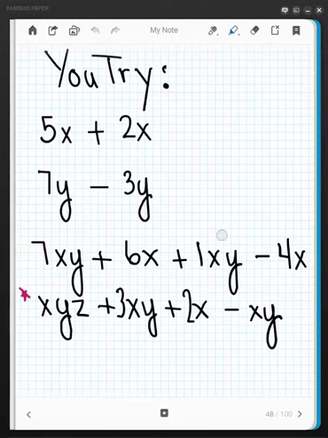So now I want you to try just with algebraic expressions here. I want you to try this first one here with 5x plus 2x, this second one here with 7y minus 3y, this third one here with the very complicated 7xy plus 6x plus 1xy minus 4x, and then I got really complicated on you, and that's why I've starred this one as xyz plus 3xy plus 2x minus xy.